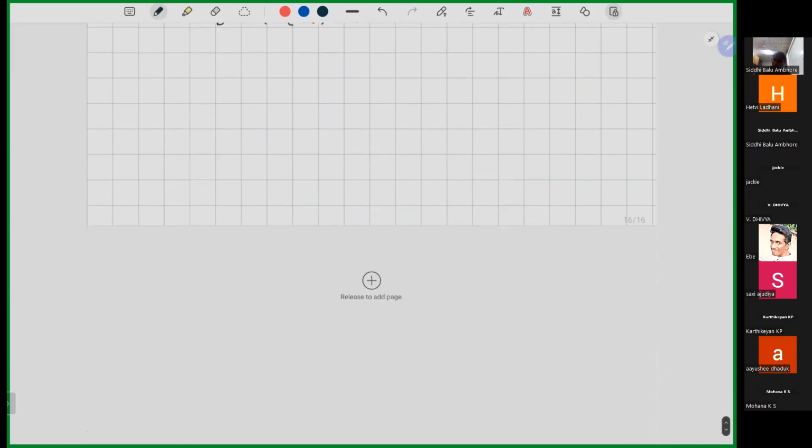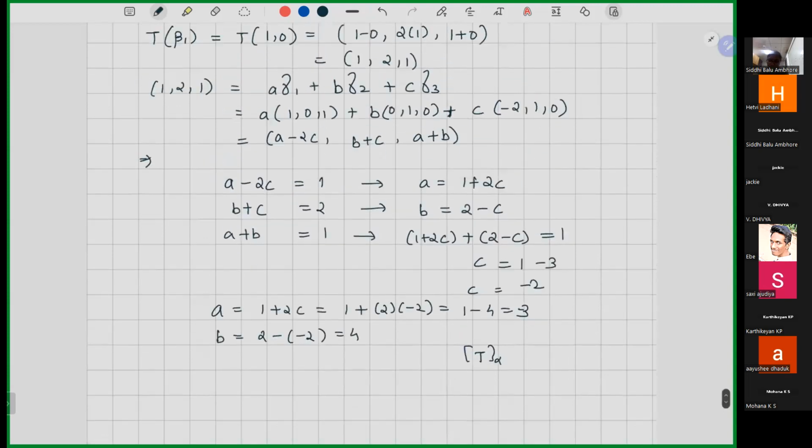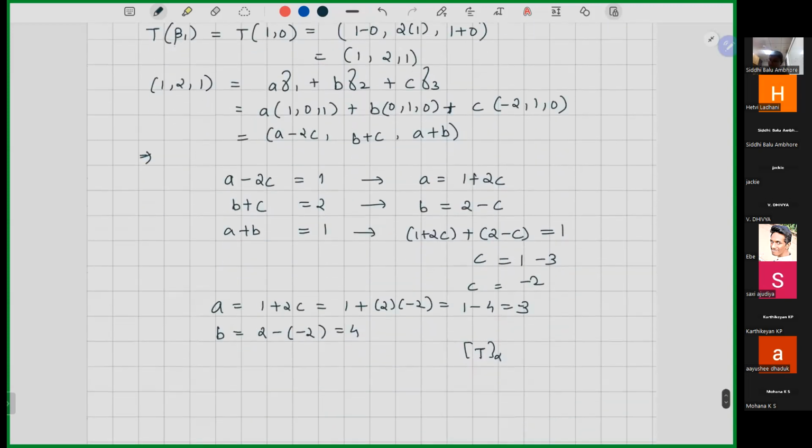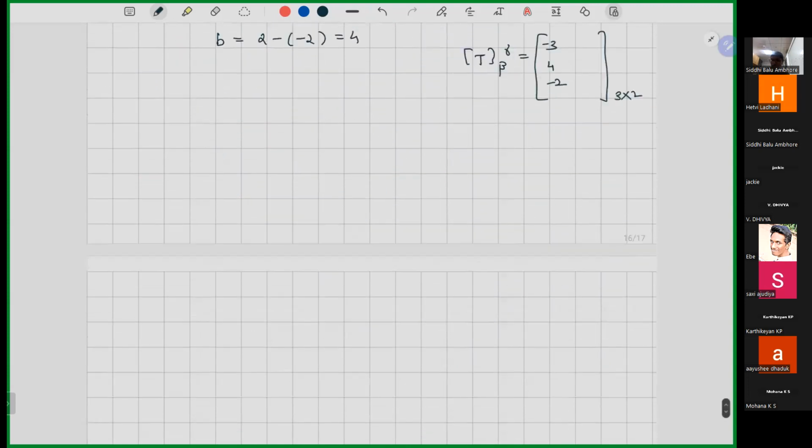So this T, alpha beta or beta gamma? Okay, beta gamma. Beta gamma is now what? A 3 cross 2 matrix with coefficients A is minus 3, B is 4, and C was minus 2.